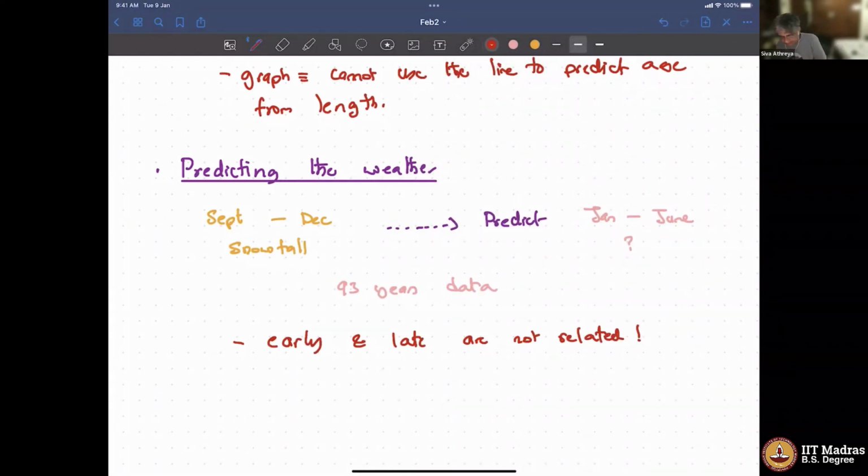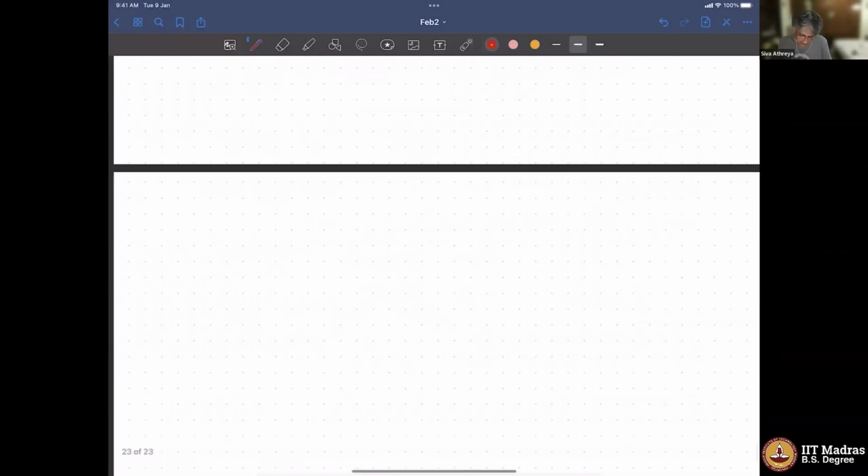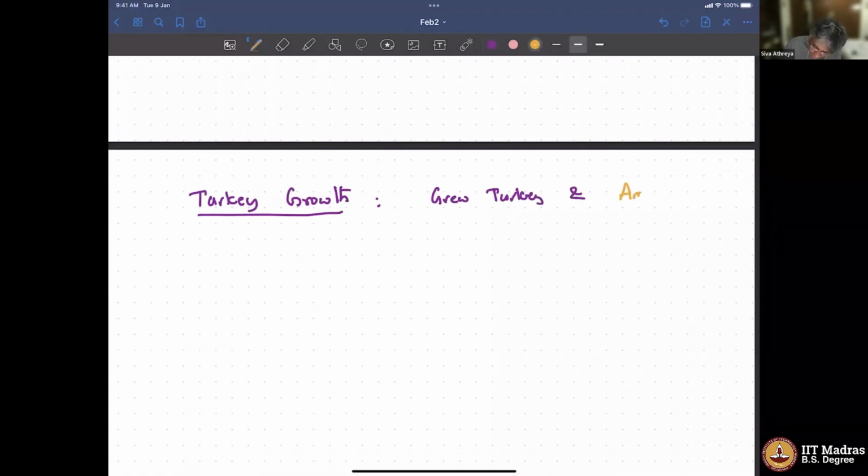That's one thing. So the last thing I want to play with is the last data set, and then go back to the first one we started off with. This is called turkey growth. In this data set, people grew turkeys, and it's a common experiment, and they fed some with amino acids.